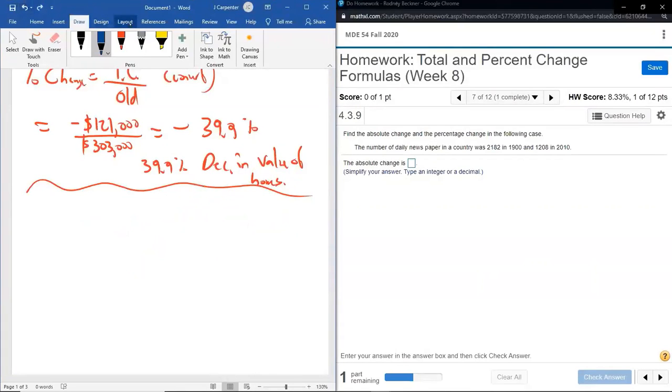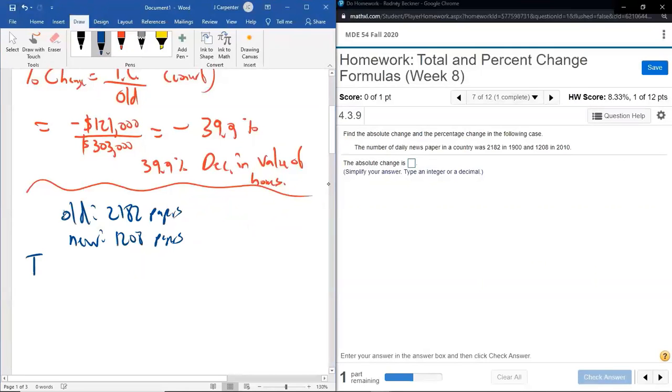We are dealing with the number of newspapers, which was 2182. That's the old. And the new was 1208. And that was papers. So the total change, or the absolute change, interchangeable words there, is new minus old, which is 1208 minus 2182.